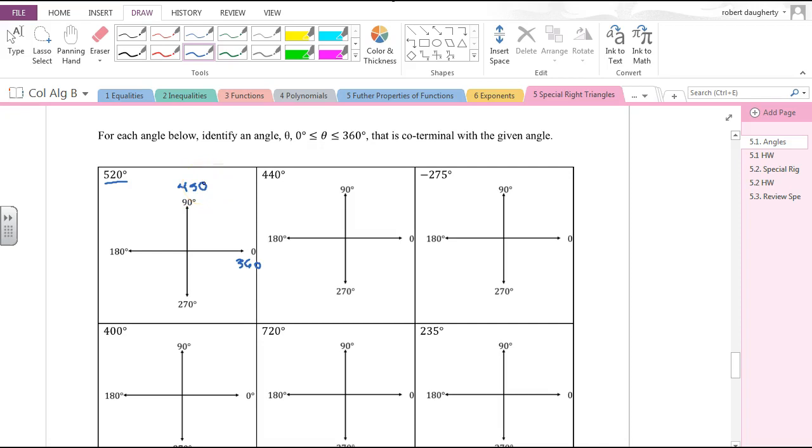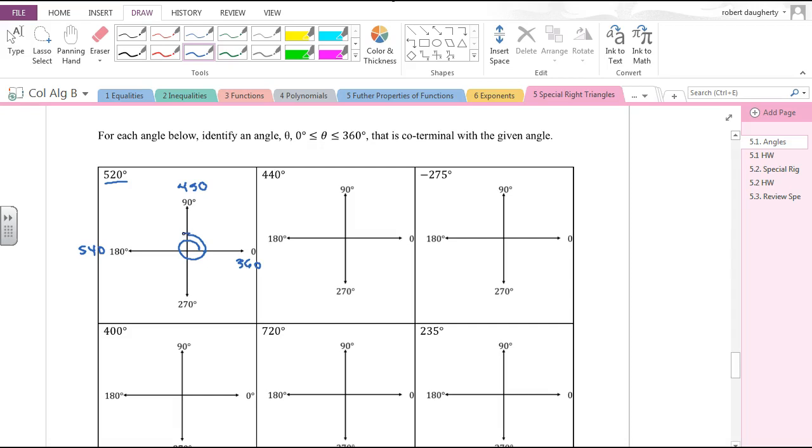450, okay? What's 90 plus 450? That's 540, okay? So that's a little bit too far, right? So what's going to happen is this angle is going to be 1 complete revolution, that's 360, 450, and then how much further do I have to go?